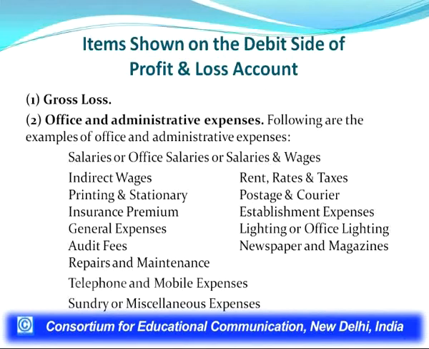Establishment expenses are related to the office staff, then lighting or office lighting, that lighting expenses relating to the office, because the factory lighting is the part of the trading account. Then newspaper and magazines. So, there may be some other expenses which may relate to office and administration.